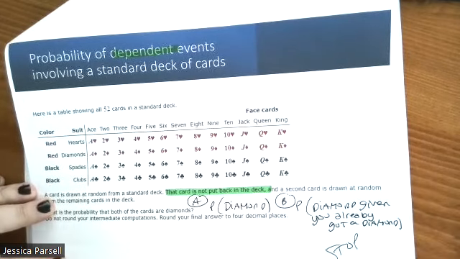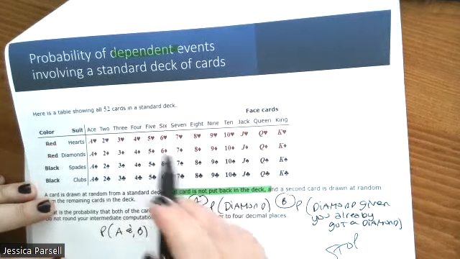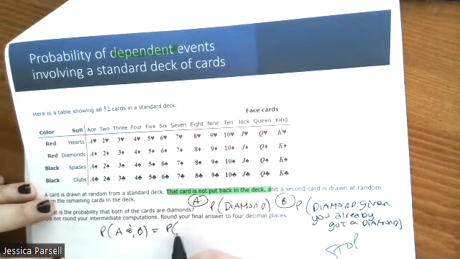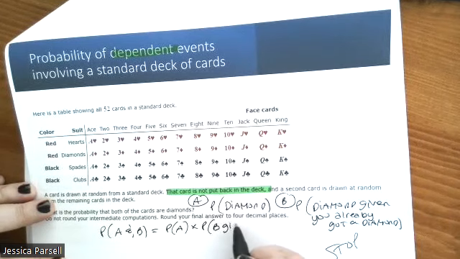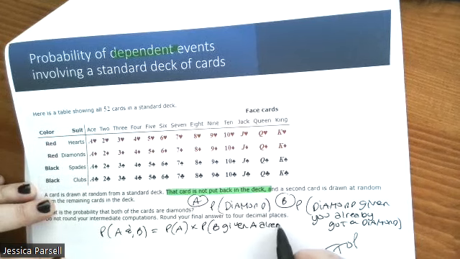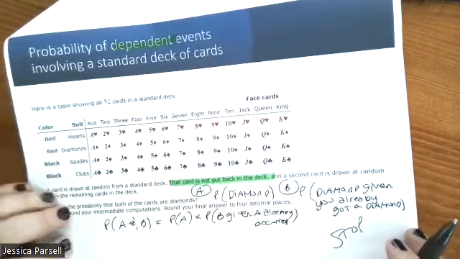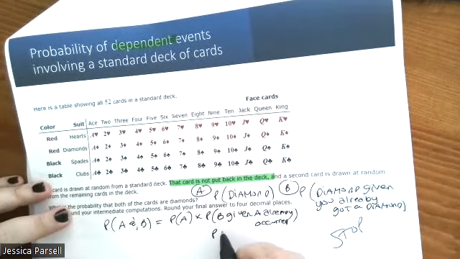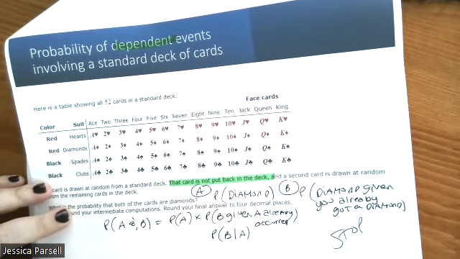Okay, if you're back, remember the probability of A and B for dependent events is equal to the probability of A times the probability of B given A already occurred. Sometimes they'll write it like the probability of B, and they'll do a pipe symbol, given A. Sometimes you might see it just shorthanded like that.